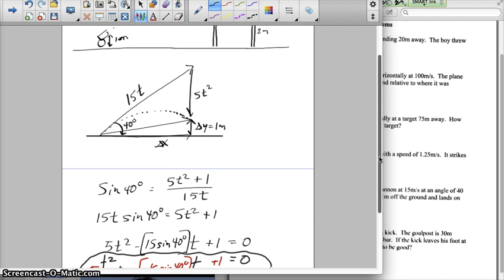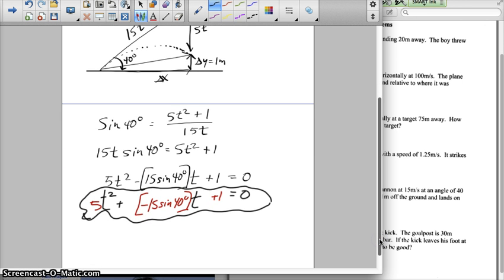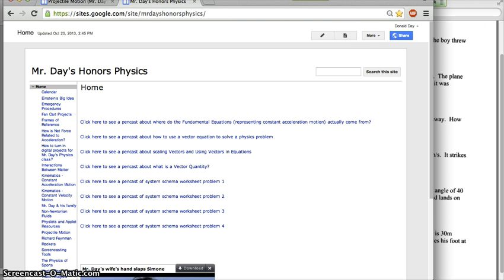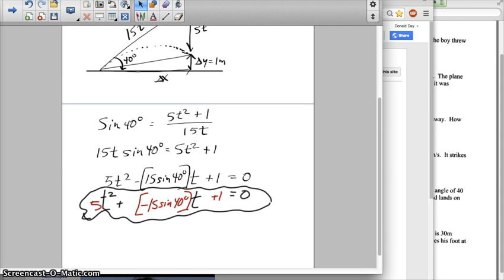It's just finding t. So again, I would just go to a quadratic equation calculator. You could online write quadratic equation calculator and find one, or use a computer. You don't necessarily need to do that by hand.